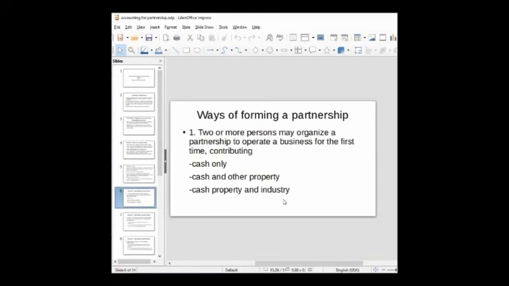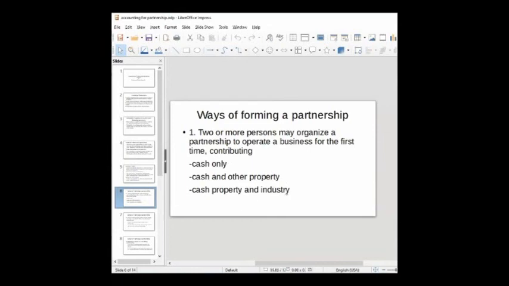Well, there is also a partner who has this contribution of cash, property, and industry. For cash and property, this must be recorded or journalized, taking the amount of cash and crediting the name of the partner who contributed that cash.